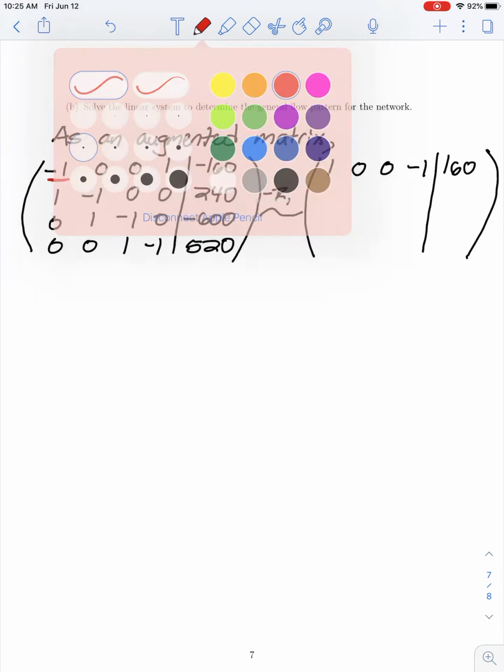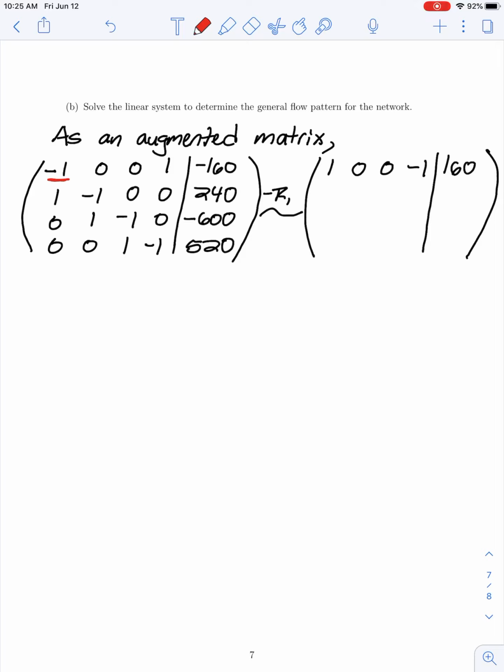And in this same step, I know that for this first column, everything below that leading entry I want to have as a 0. So I need to kill off the leading 1 in my second row. And an easy way to do that is using the negative 1 that we had for the lead entry of our first row.